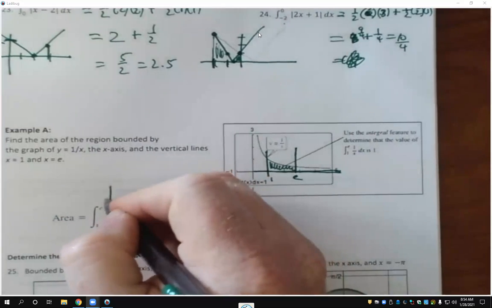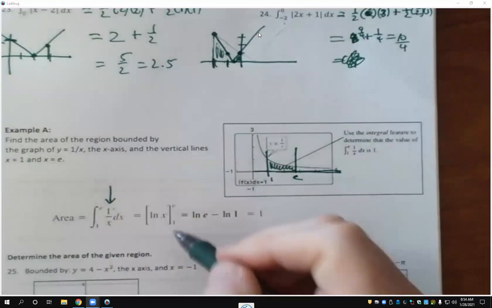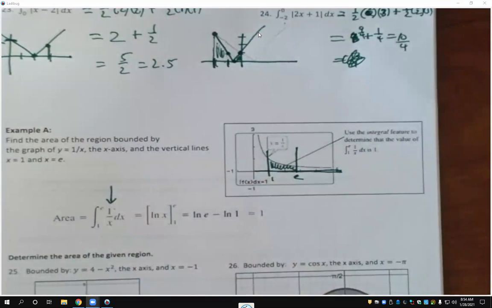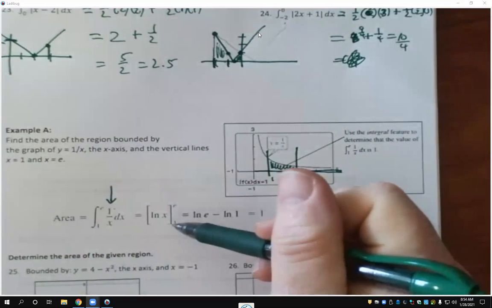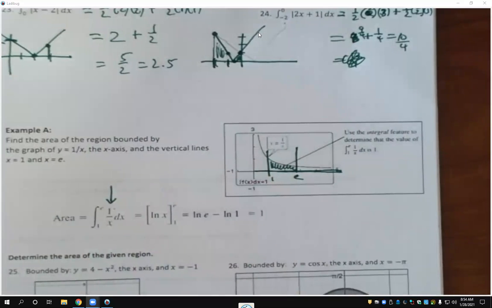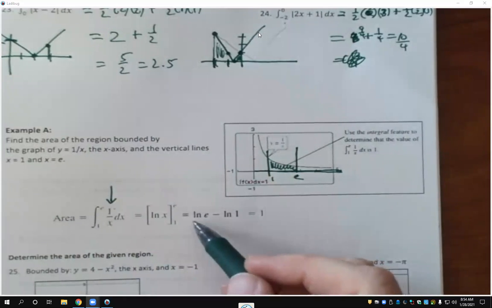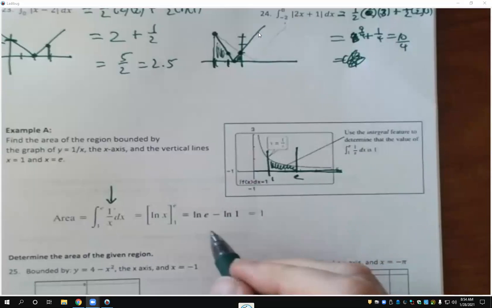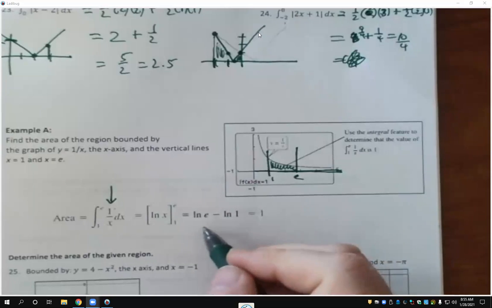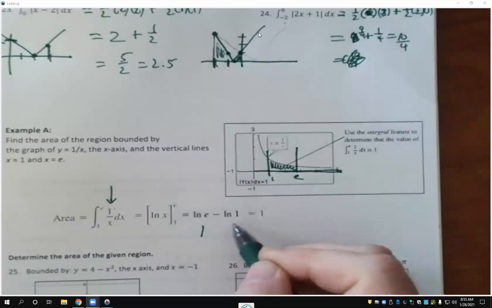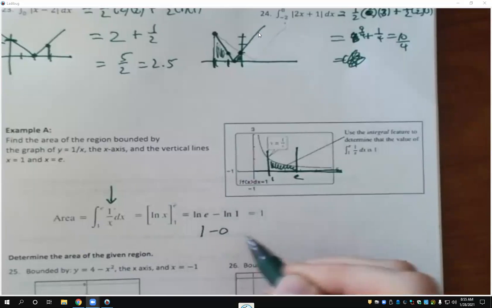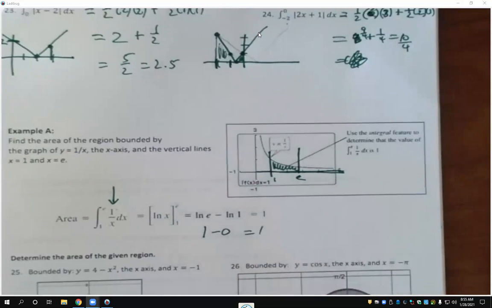If you don't remember, the antiderivative of 1 over x is the natural log of x from 1 to e. Then we're just going to plug in natural log of e minus natural log of 1. The natural log of e is 1, and the natural log of 1 is 0, and that's how we get an answer of 1.